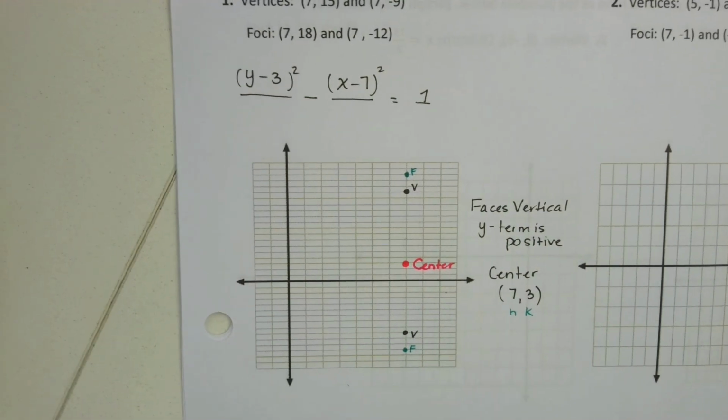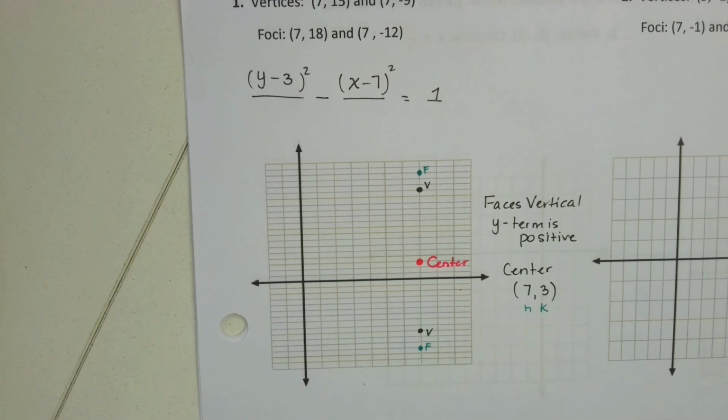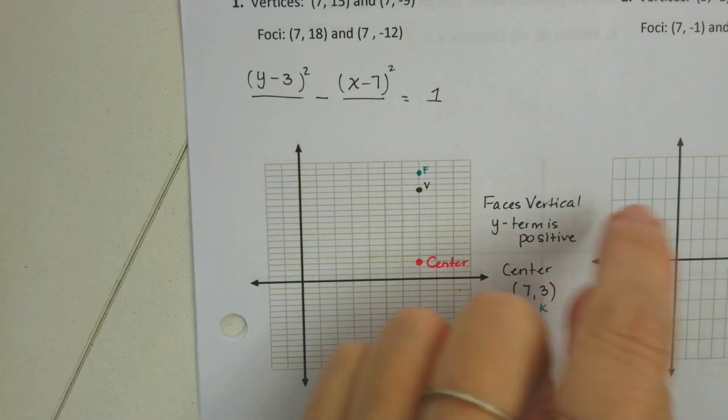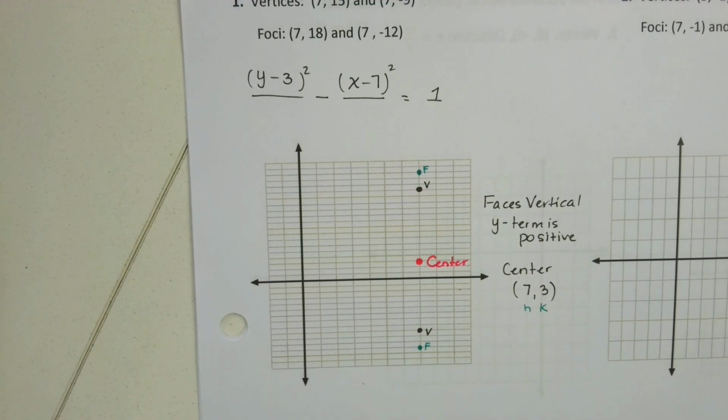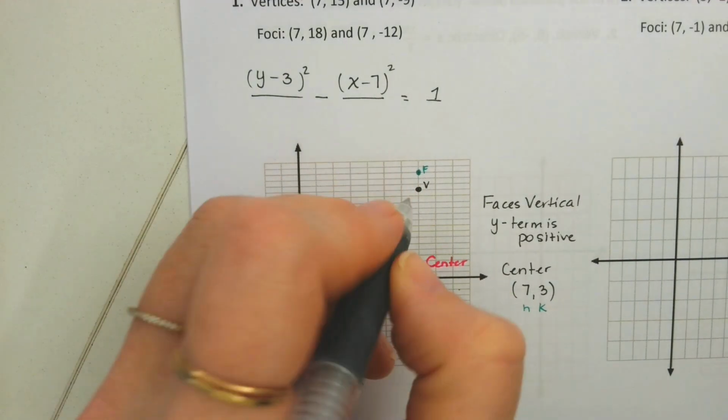Okay. And then to figure out my two denominators, I'm going to use the fact that I know how much I counted from the center to the vertex, and I can also see how much I counted from the center to the focus. So I'm going to use those two numbers.